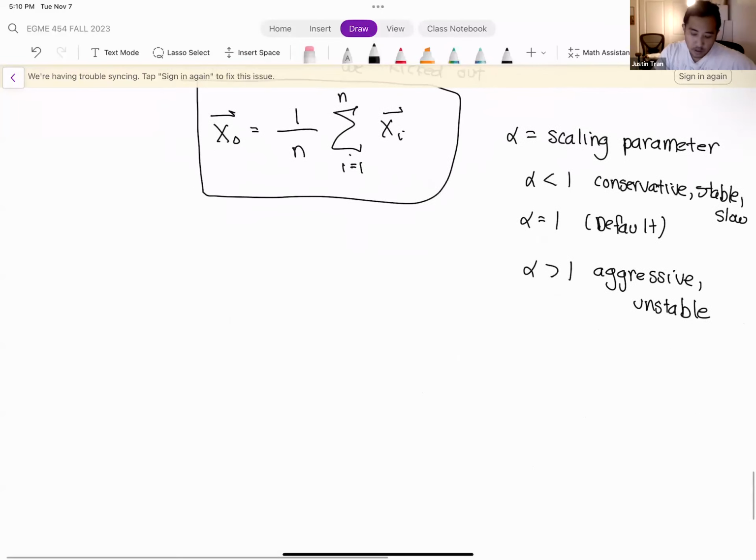Reflections are generally really good. If you keep reflecting the points, kicking out the worst point and reflecting it, generally your simplex is going to move in a direction that's closer and closer to the optimum.